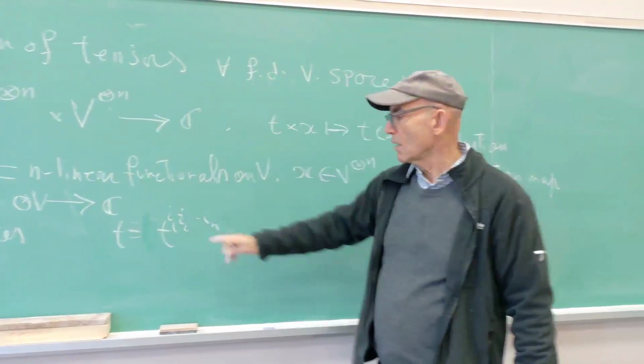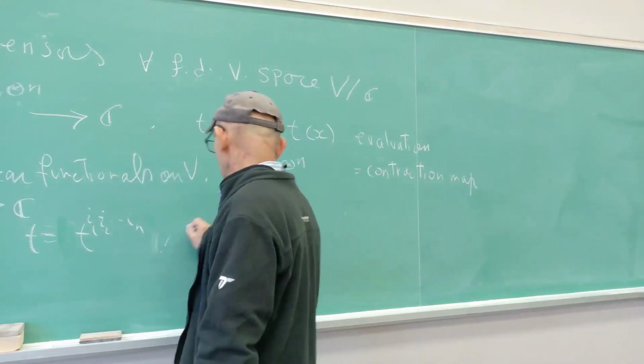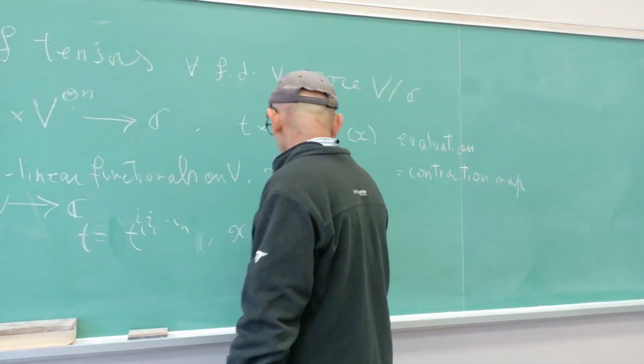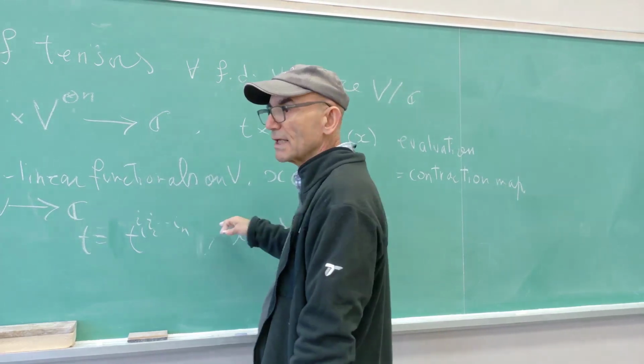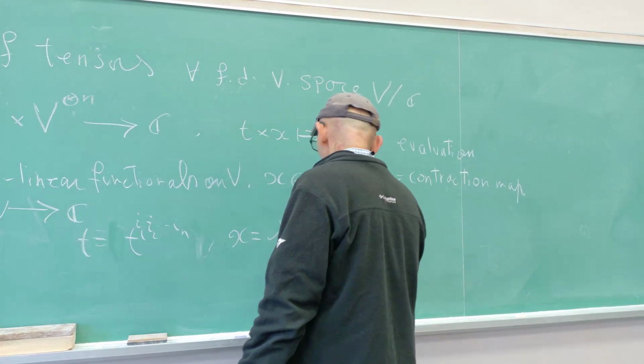It is the tensor with upper indices, and X is a tensor like S with n lower indices, say j1, j2, ..., jn.